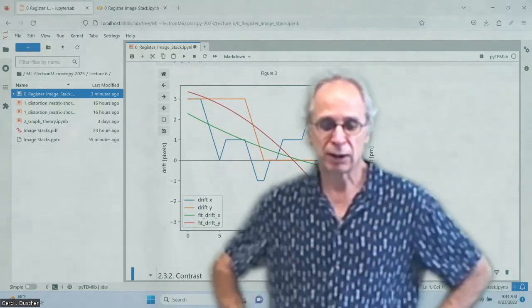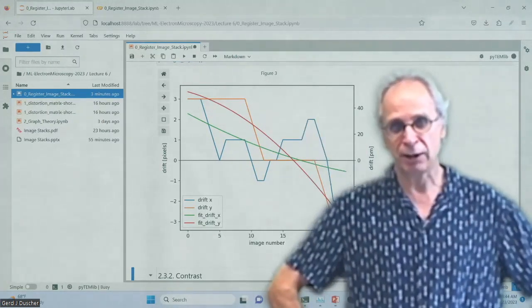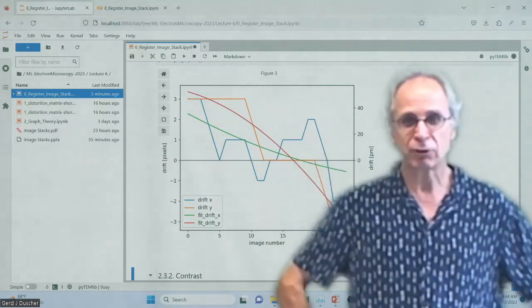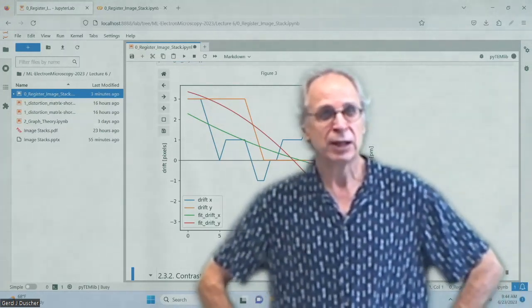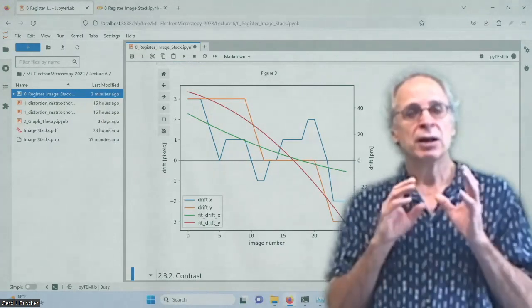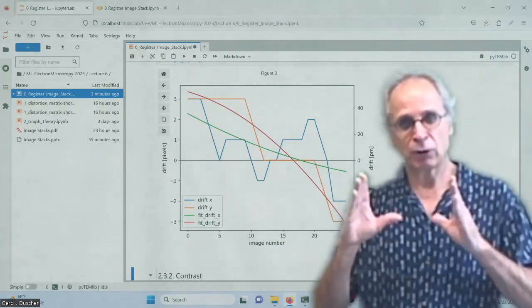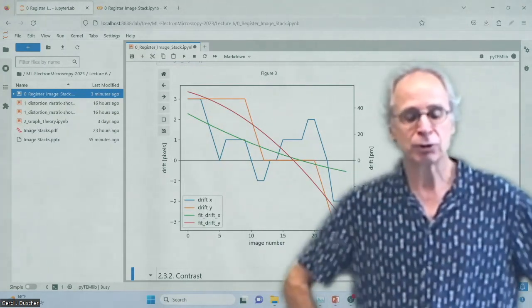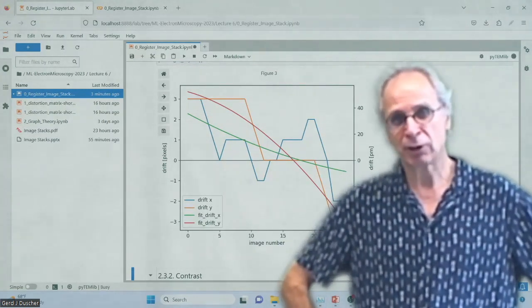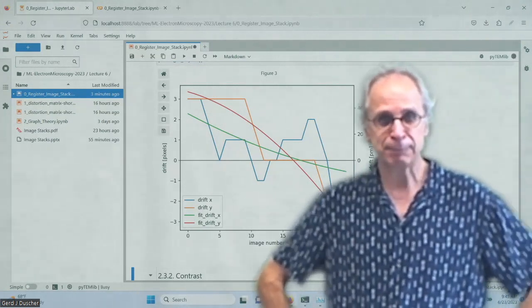If you have much more than a pixel per frame, depending on how big your frame is, in our case it's 512, then you can think about, should I undistort from the rigid registration point of view my image before I go on? That could be done.